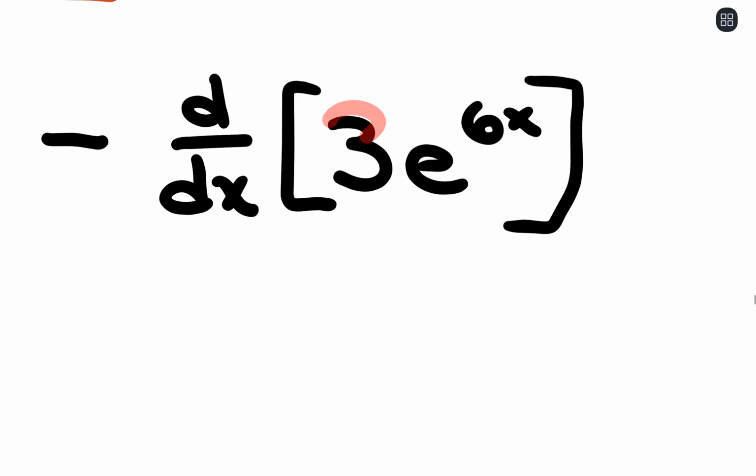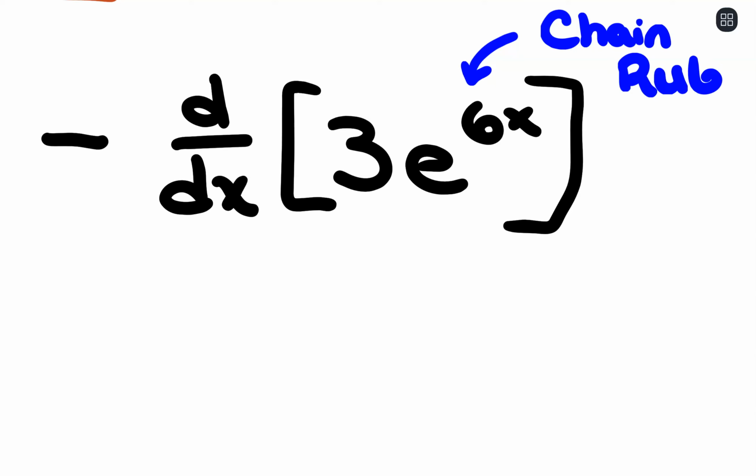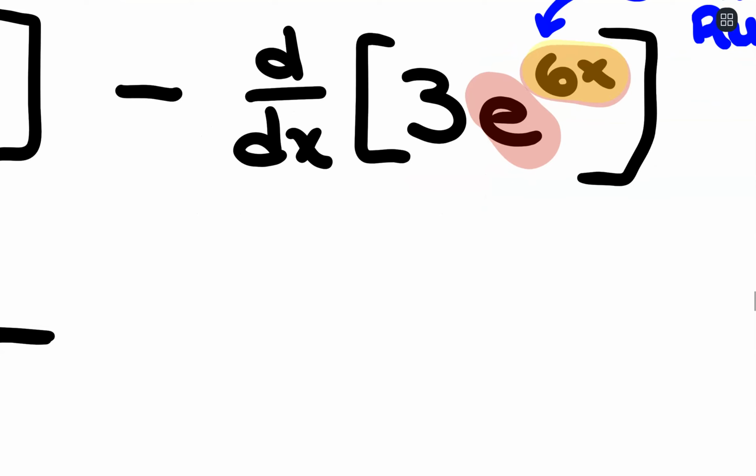So again, we have this constant multiple, so that 3 is just going to keep multiplying. Here, this is going to use the chain rule, because at the outside of it, we have just base and exponent. So we have something exponential on the outside, but we have this inside function of 6 times x. So taking the derivative here, we're going to have that 3 hanging out.